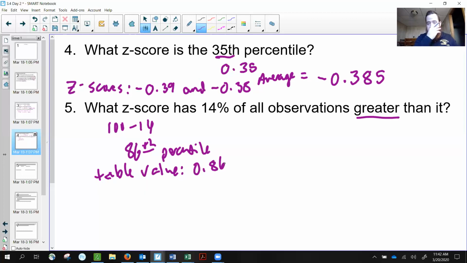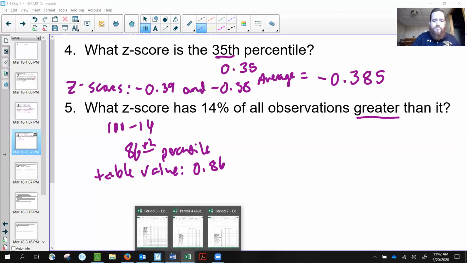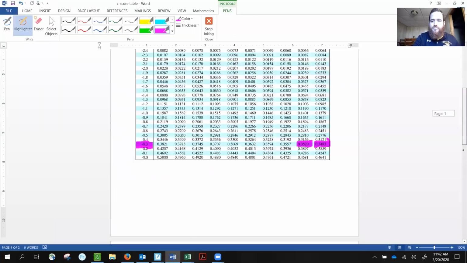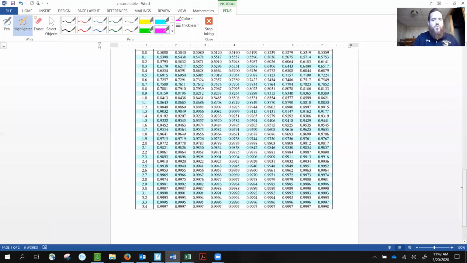Again, we want to get as close as we can on our table to 0.86. There's 0.87. Okay, we're really close. This is 0.8599. You cannot get any closer to 0.86 than that. So I'm going to say that's good. I don't have to average.